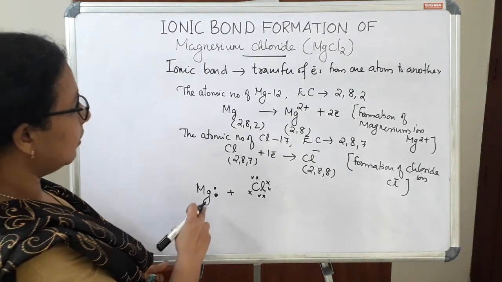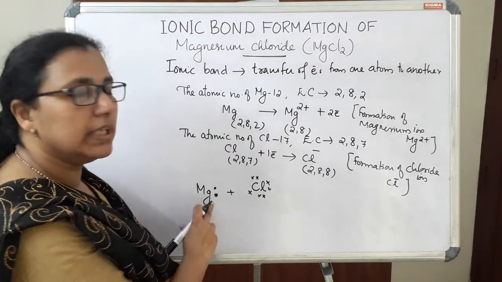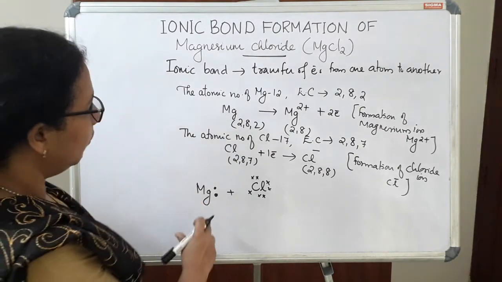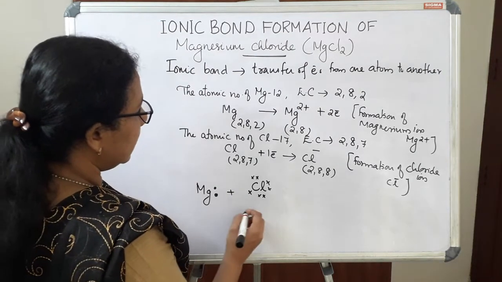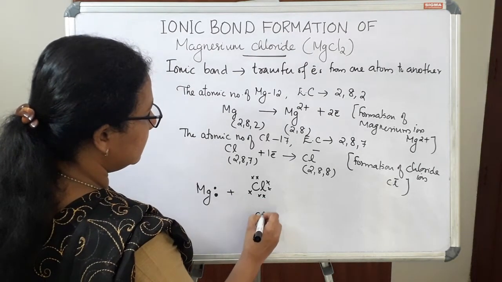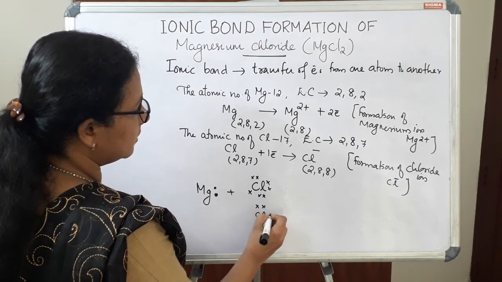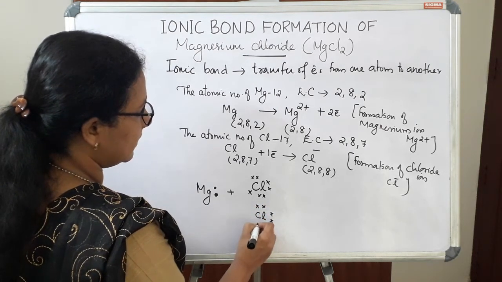In order to attain octet configuration, magnesium should give 2 electrons, and chlorine needs only 1 electron. So magnesium has to give 2 electrons to 2 chlorine atoms.